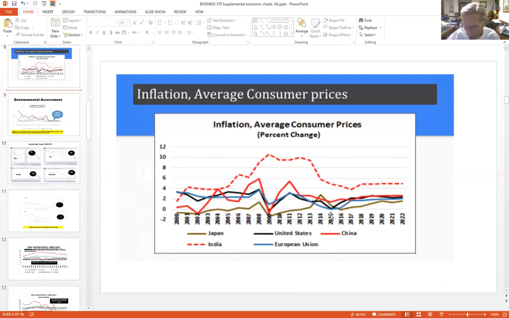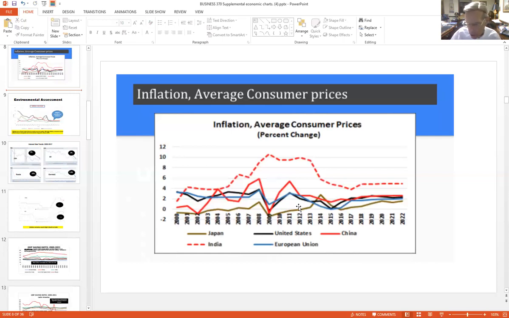We can see that after inflation peaked up in China and was a little erratic again if we go back into prior years, here in recent years, it looks like inflation has come down and has been more orderly, less rampant.